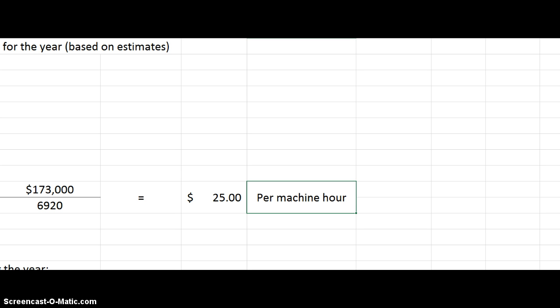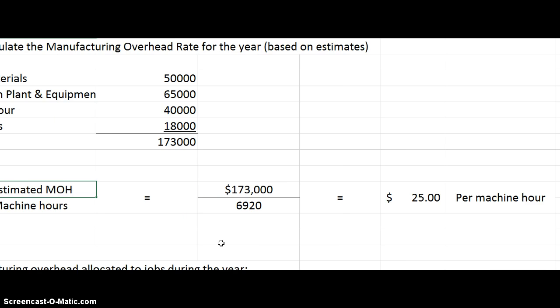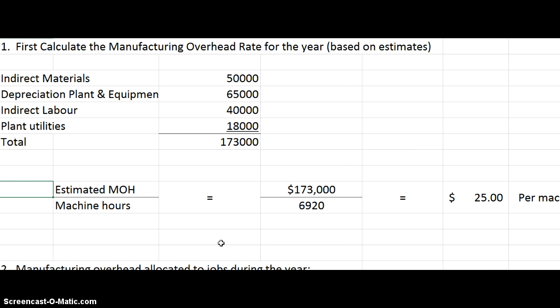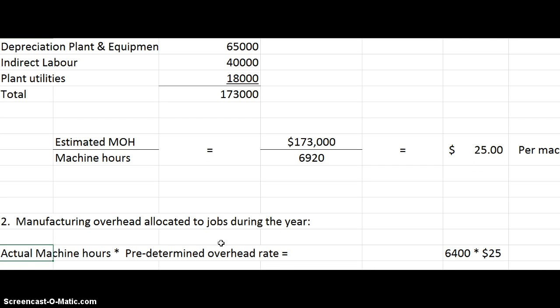So, in part 2, we're asked to calculate the allocated manufacturing overhead for the past year. So, this overhead rate that we've just calculated, that is what we're going to use as our base to allocate. So, every time we get a job, we're going to take the actual machine hours and times it by that predetermined overhead rate.